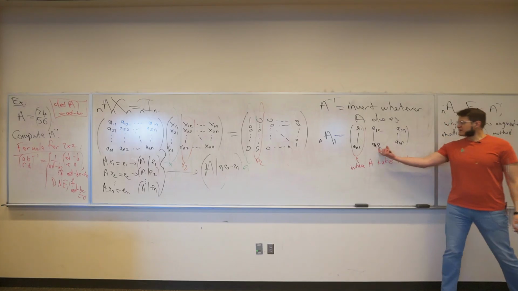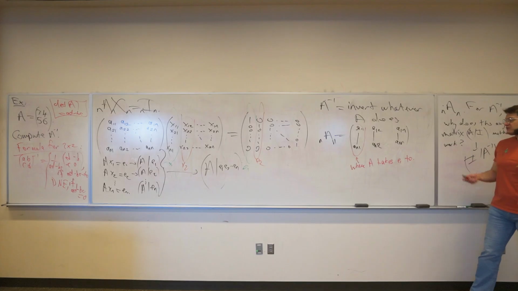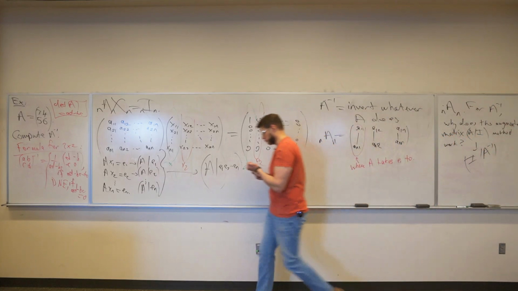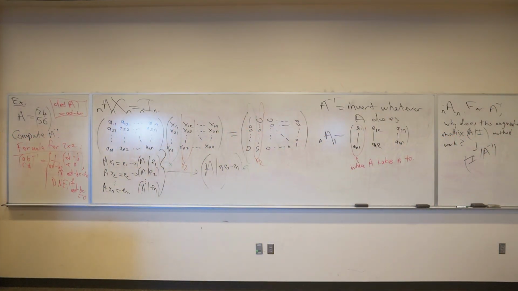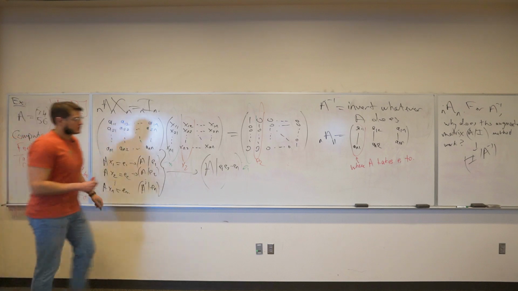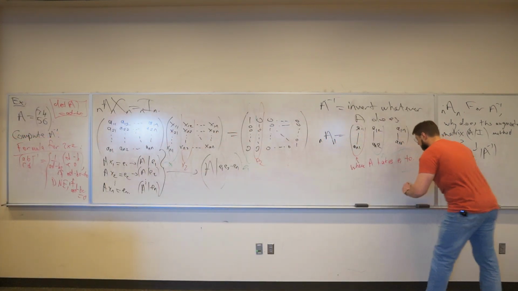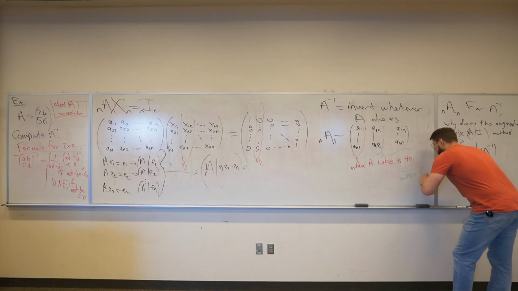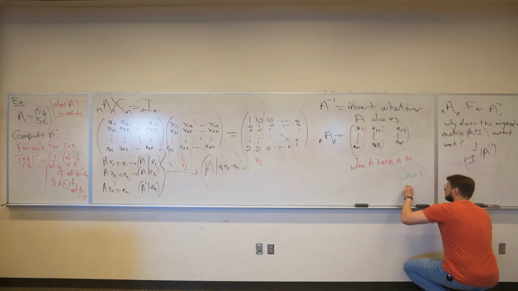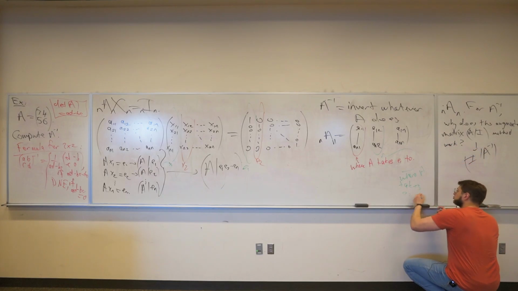And likewise, the second column of A is where A takes the second standard vector, E2. And so on.